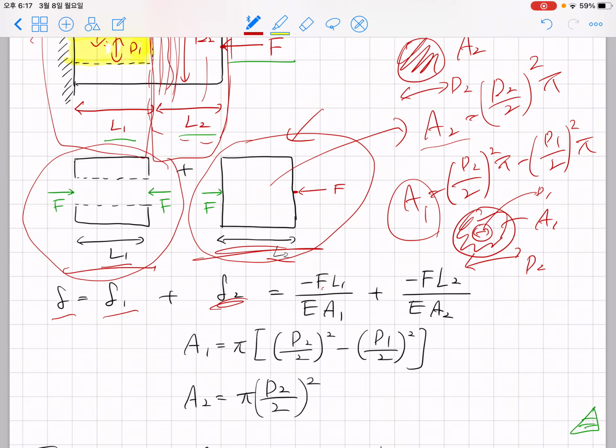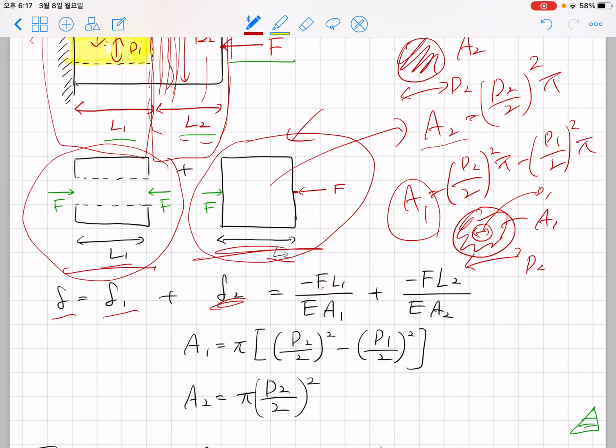Okay, so whatever complex axial loading problem you have, the essence and basis of approaching the mechanics problem is to draw a free body diagram.